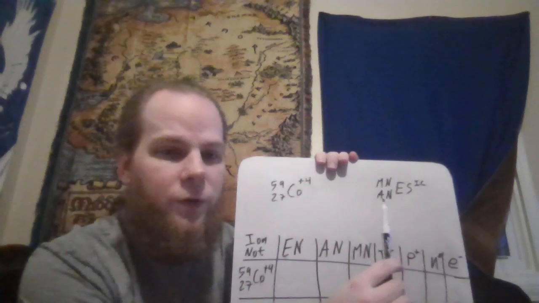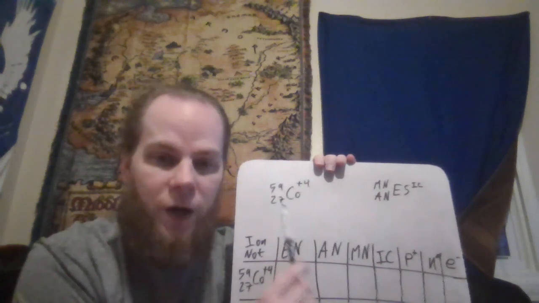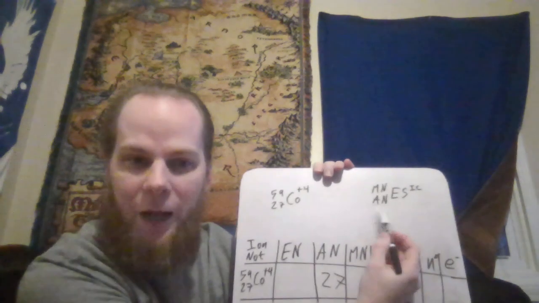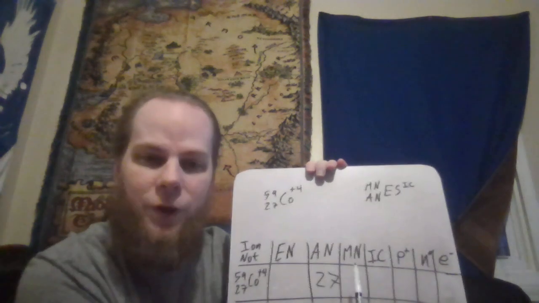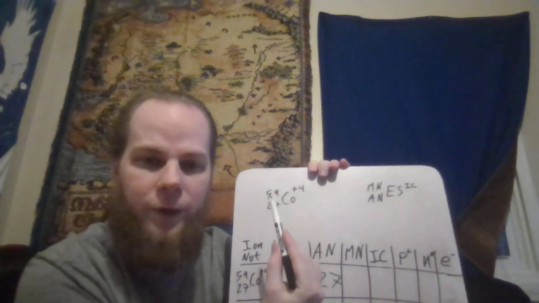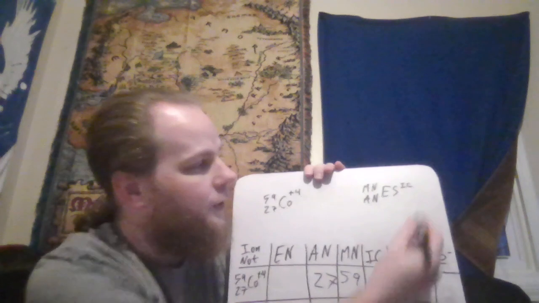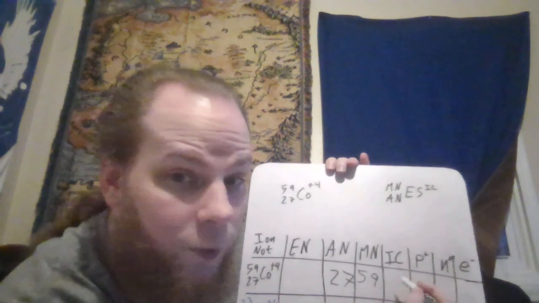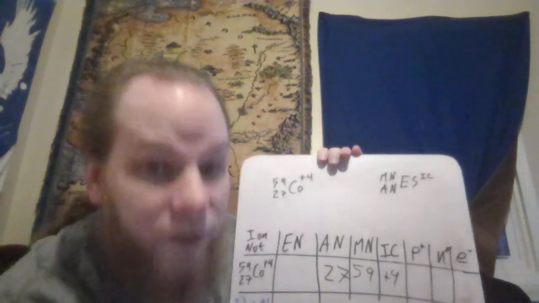For this, we know that the atomic number has to be 27, because right here in the spot for atomic number, it's 27. The mass number, which is the number above, is 59. The ionic charge is the exponent, so that's going to be positive 4, not just 4, positive 4.